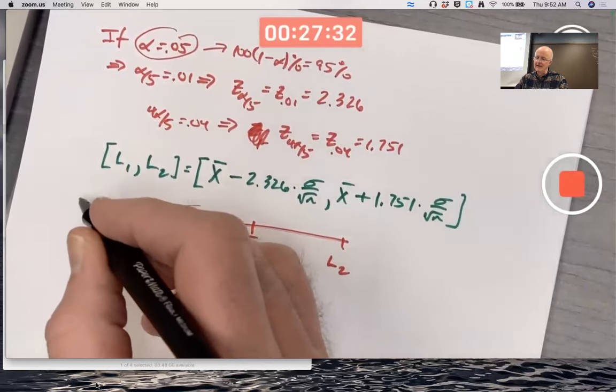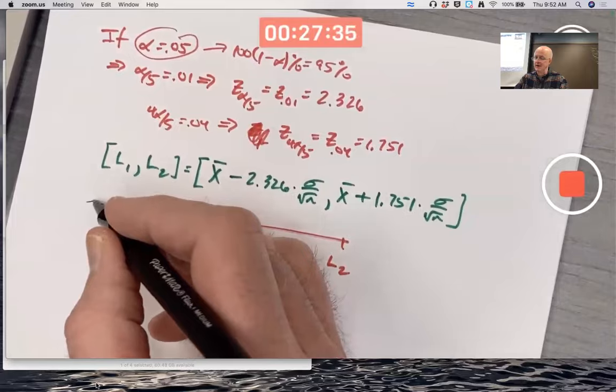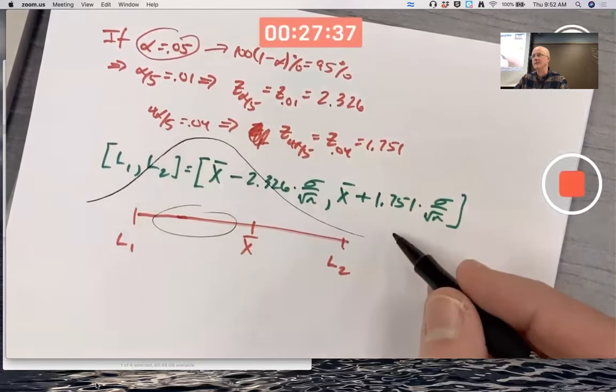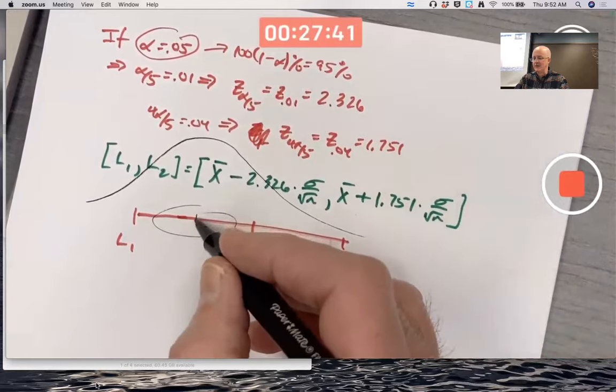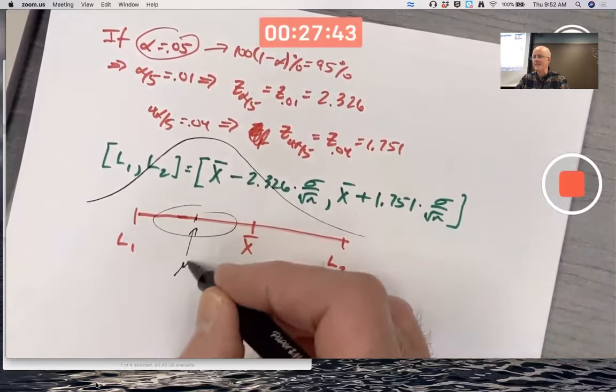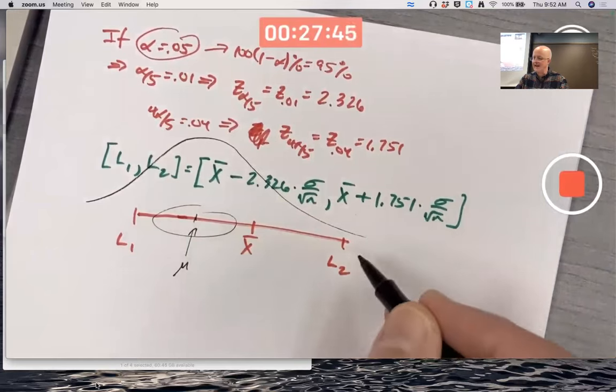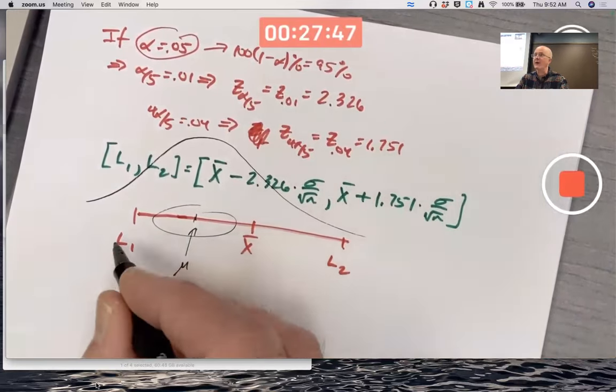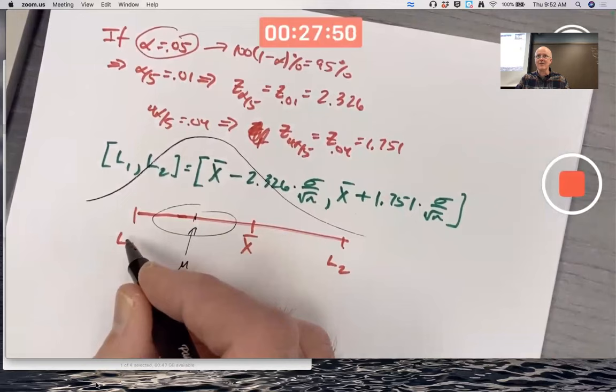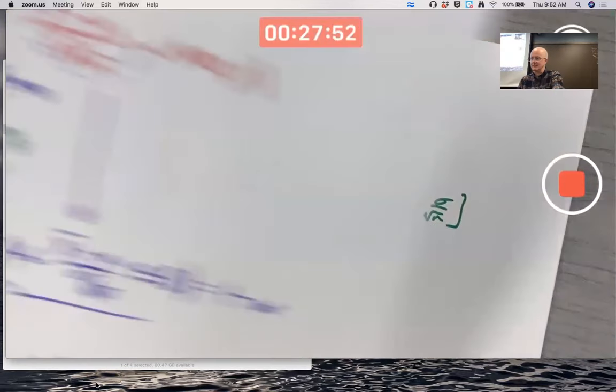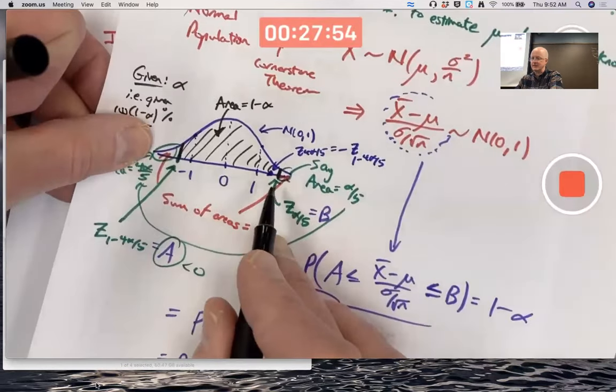And therefore, it's more likely that the sampling distribution of x bar is going to be more centered over there. And if it is truly centered over there, if mu is right there, say, then this point is further from mu than this point is, which more matches this point being further from 0 than this point is.